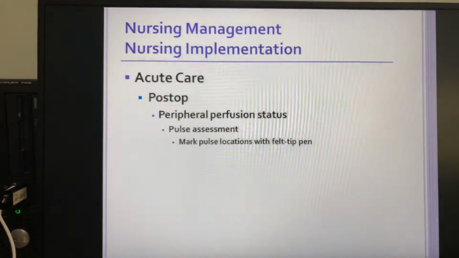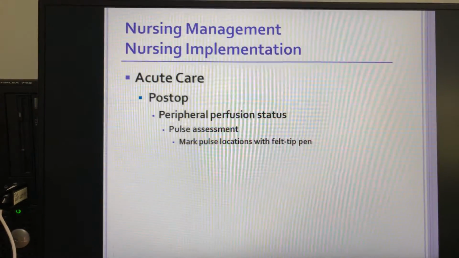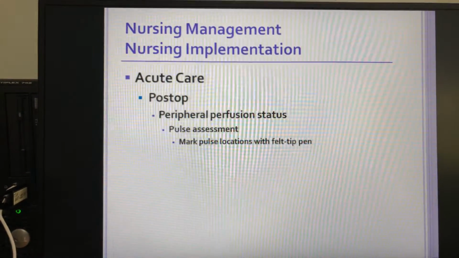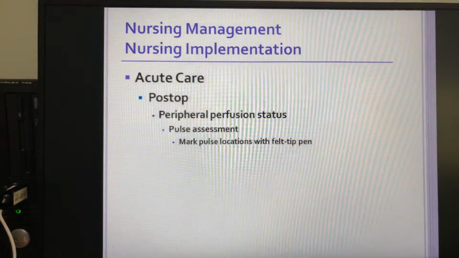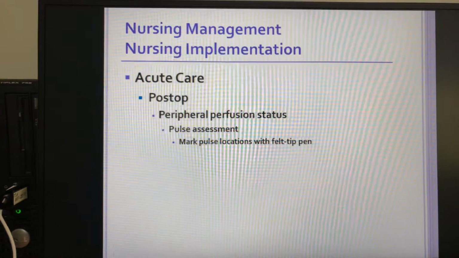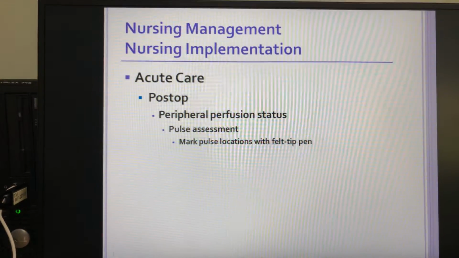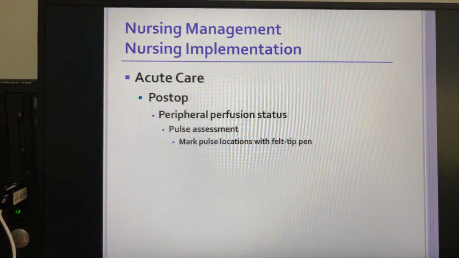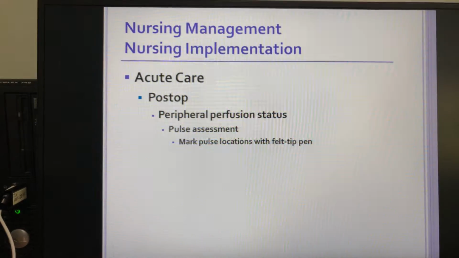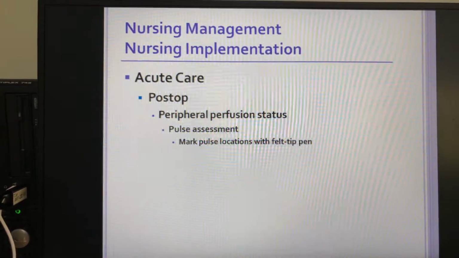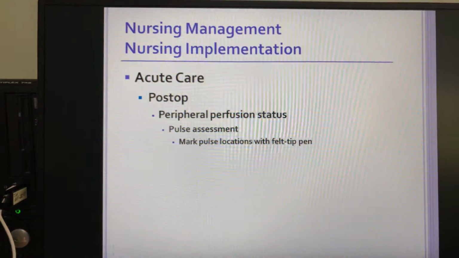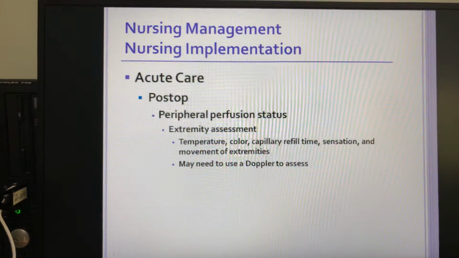When the ascending aorta and the aortic arch are involved, we want to assess the carotid, radial, and temporal artery pulses. For surgery of the descending aorta, we want to assess the femoral, popliteal, posterior tibial, and dorsalis pedis pulses. And again, we want to mark those pulses once we locate them.